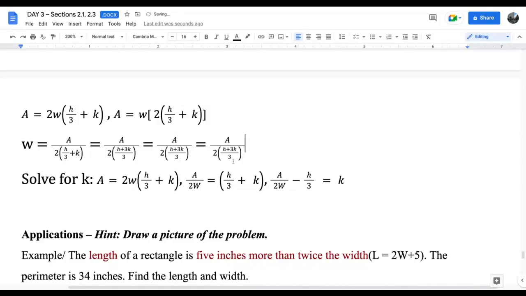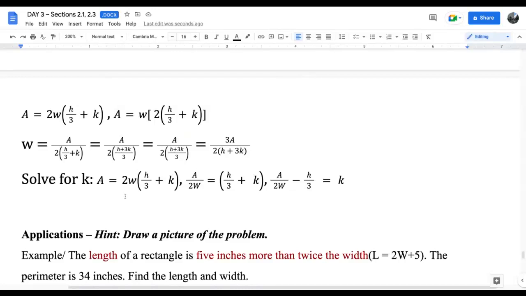This 3 goes to the numerator place, and this is the normal 3 here. So this just becomes h plus 3k. Because when we have three layers of fractions, the denominator of the downward one we can move to the numerator. Because division is multiplication, we flip the second one. So when we flip the second one, that becomes 3 over h plus 3k. And that's it.